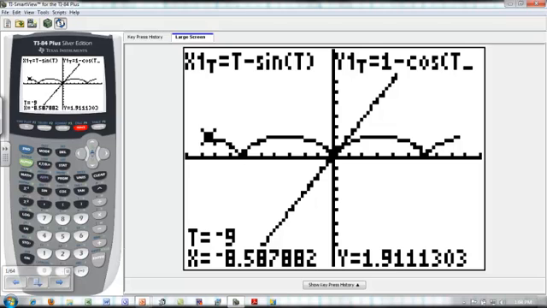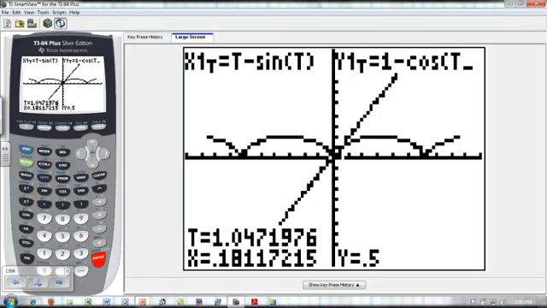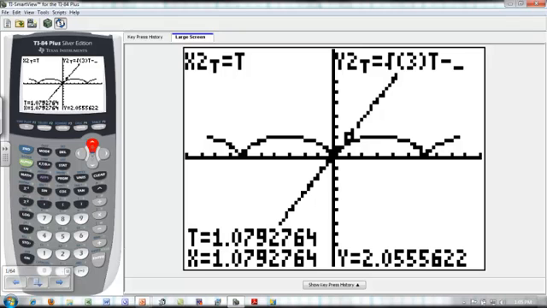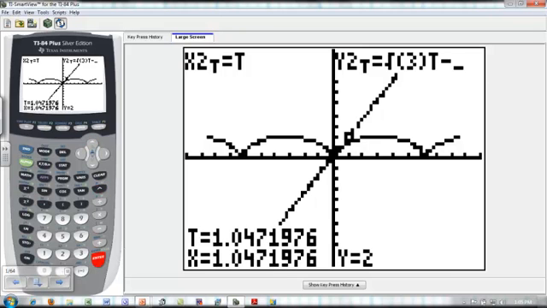And let's just double check this. When t is pi over 3, it says that I'm at 0.181 and y is 5. And then let me go to the other curve and do the same thing. And those do not look like the same values.